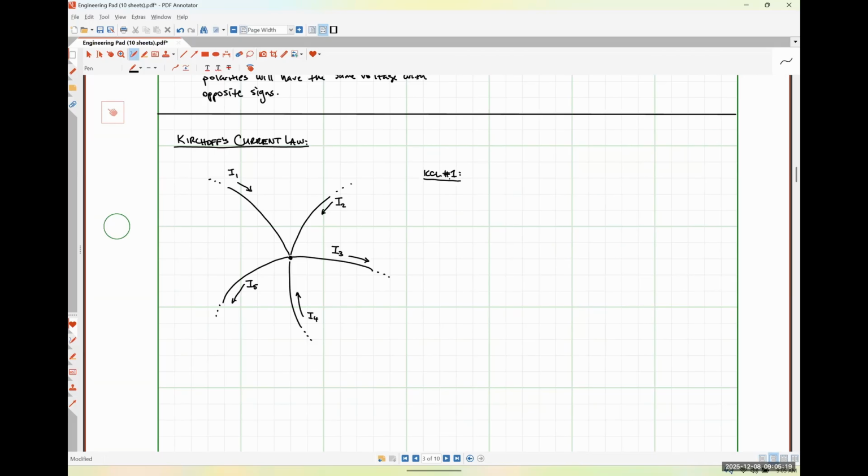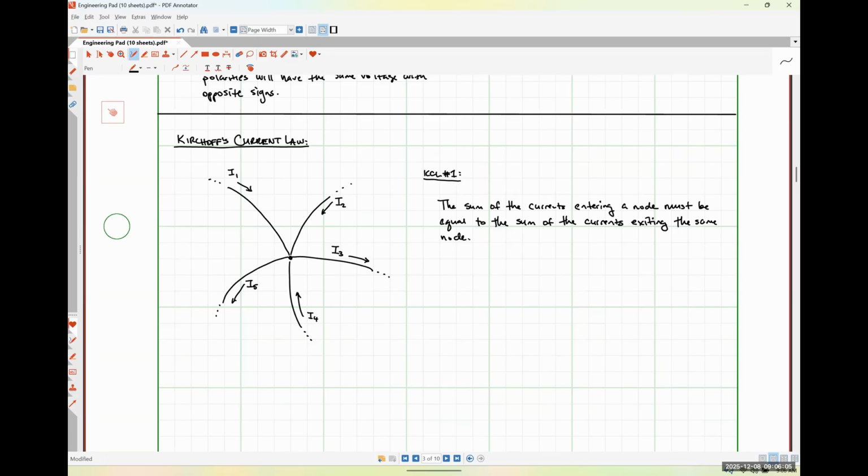This will be the one that you guys learned in the 120 series, which simply says the sum of the currents entering a node must be equal to the sum of the currents exiting the same node.